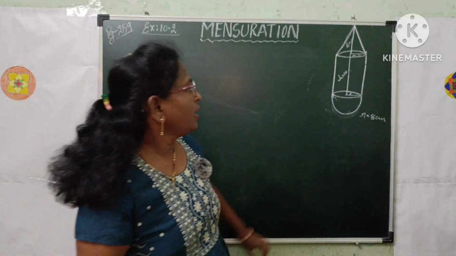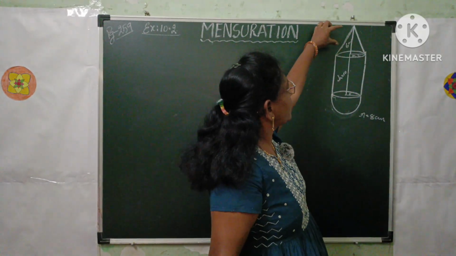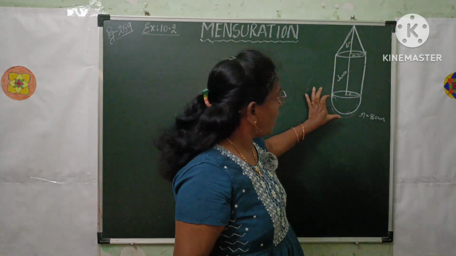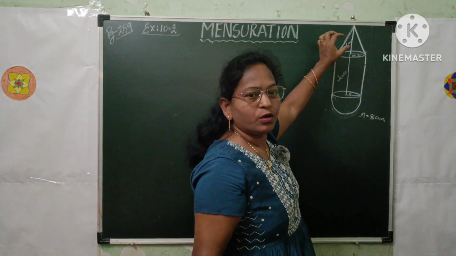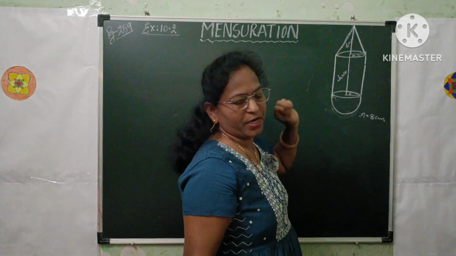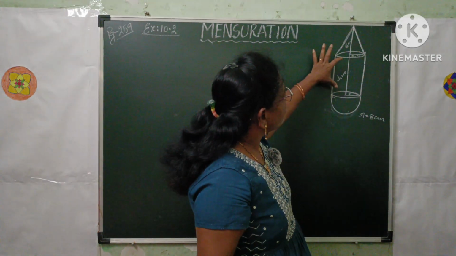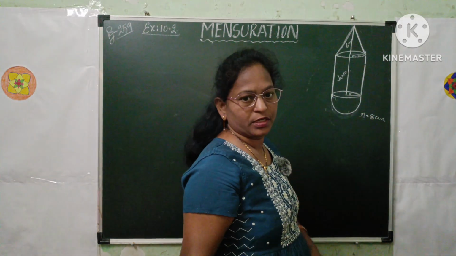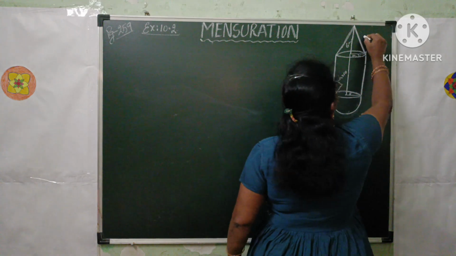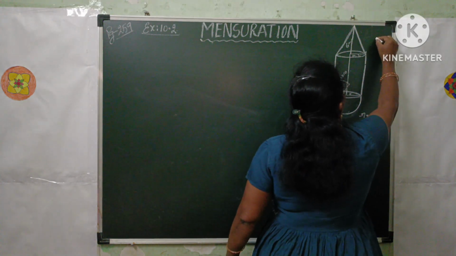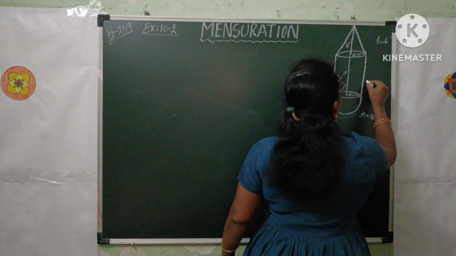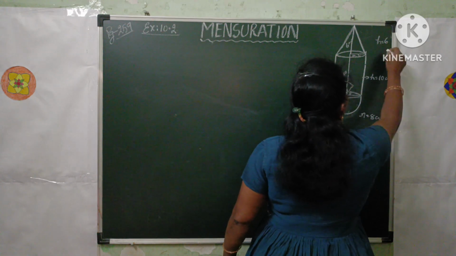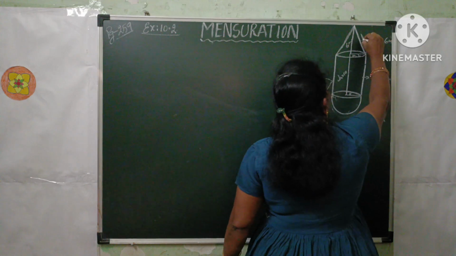That is the question. Here one cylinder, one end with a conical portion, the other end with a hemispherical portion, and the same radius for the cone, cylinder and hemisphere. The height of the conical portion is 6 centimeters, the cylinder height is 10 centimeters. This is the slant height.